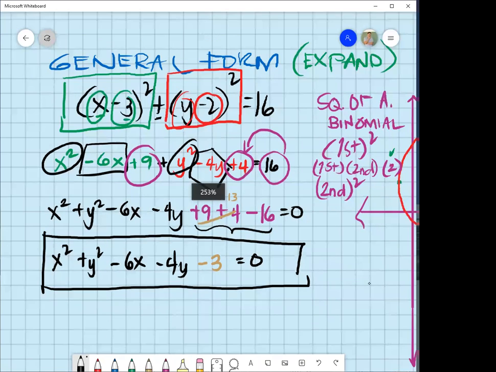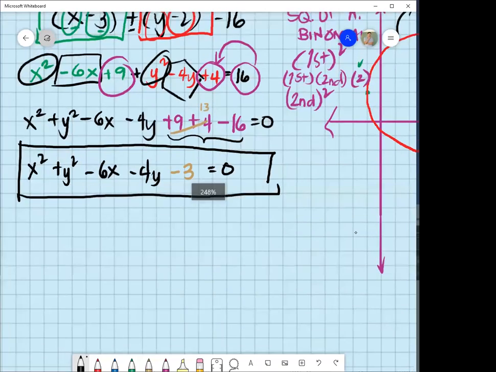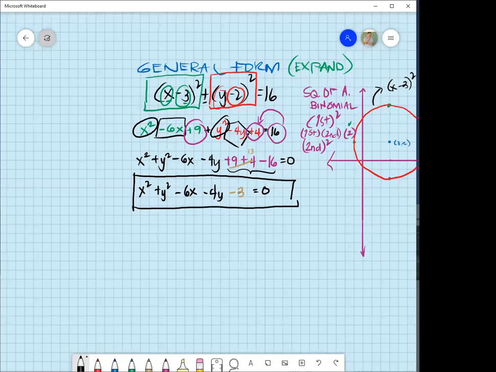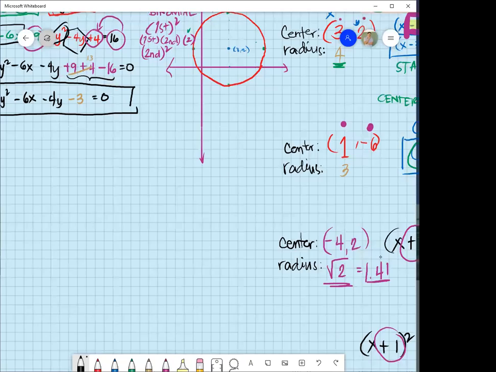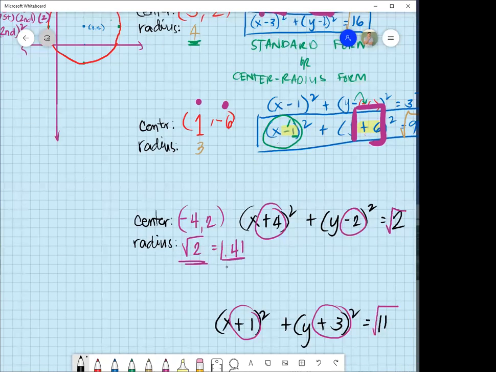Okay, game. Let's try naman the other examples here. Gamitin natin ito. Let's use this.